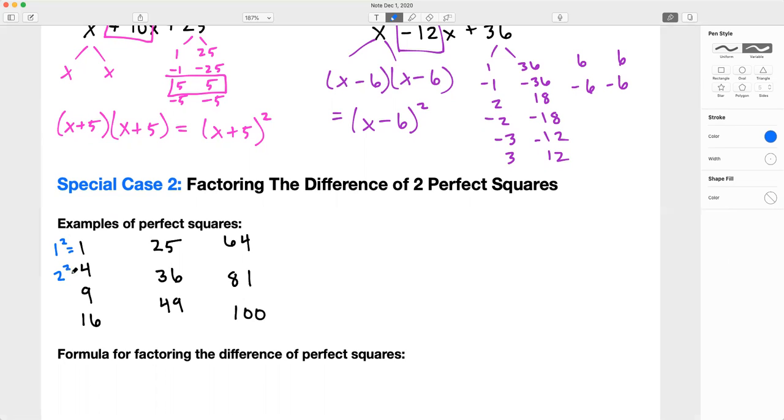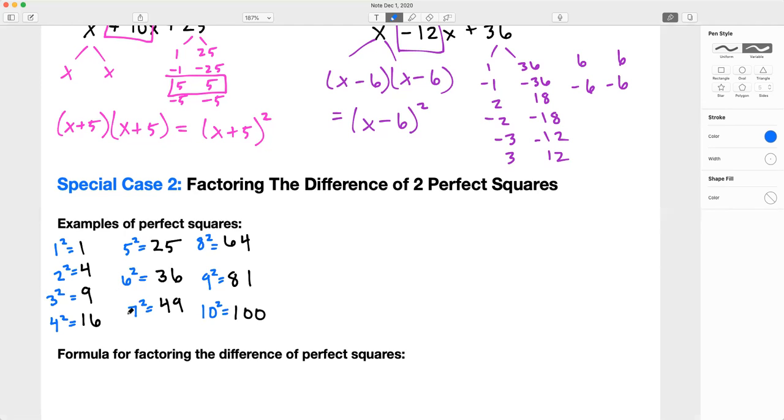That's 2. 2 squared equals 4. What squared equals 9? 3 squared. 4 squared equals 16. 5 squared equals 25. 6 squared equals 36. 7 squared equals 49. By the way, the numbers that are perfect squares are not the 1, 2, 3, 4, 5, 6, 7. The numbers that are perfect squares are the 1, 4, 9, 16, 25, 36, and so on. All right, 8 squared is 64, 9 squared is 81, and then 10 squared is 100.